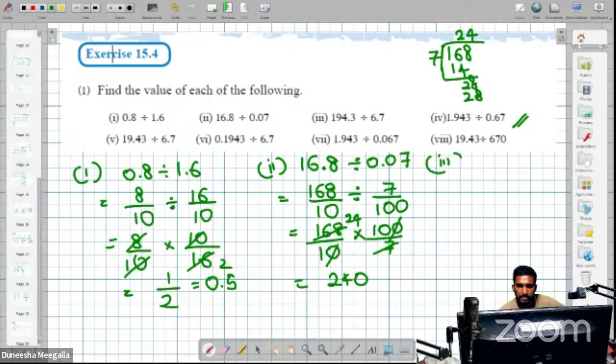Third one, 194.3 divided by 6.7. Let's see.